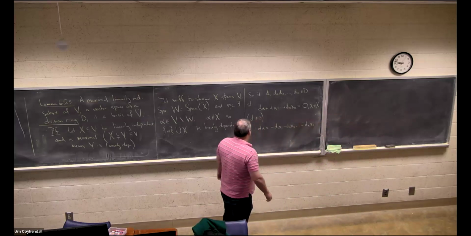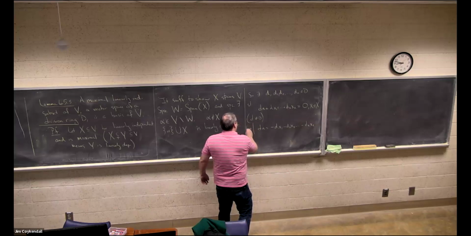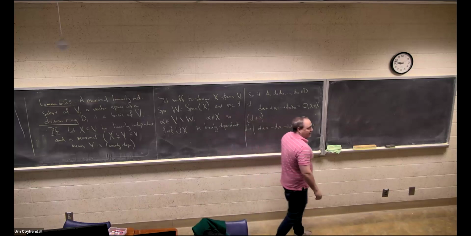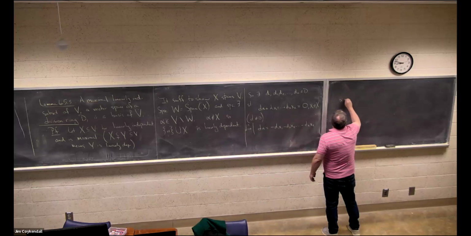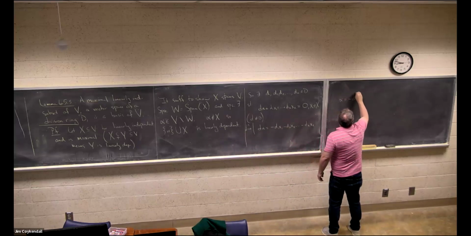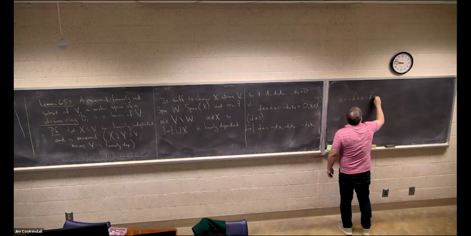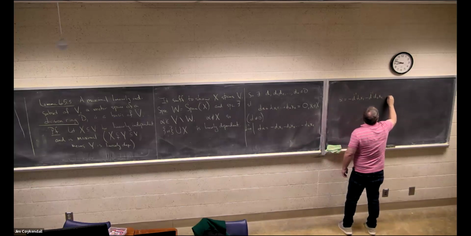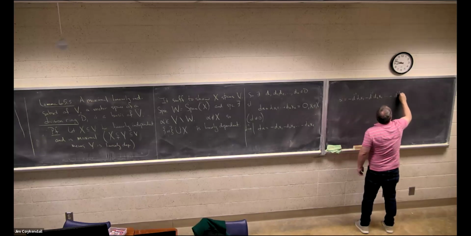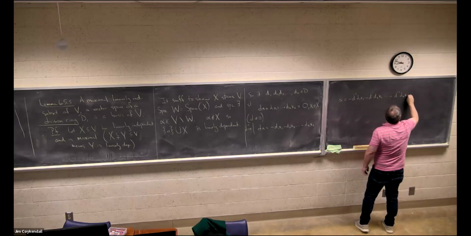So I can hit this on the left with D inverse and obtain alpha is minus D inverse D1 X1 minus D inverse D2 X2 minus ... minus D inverse DK XK.